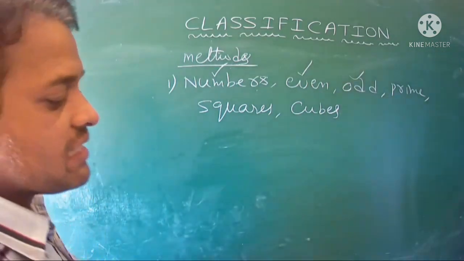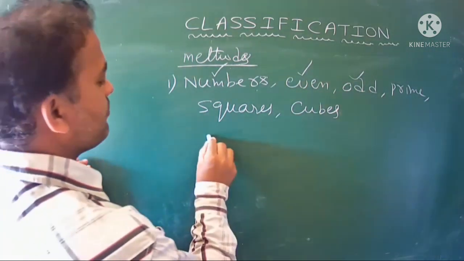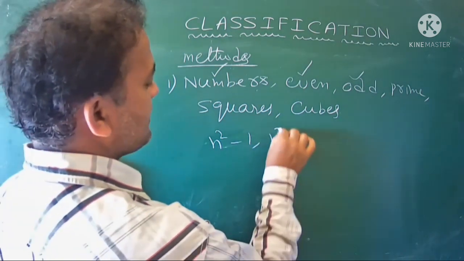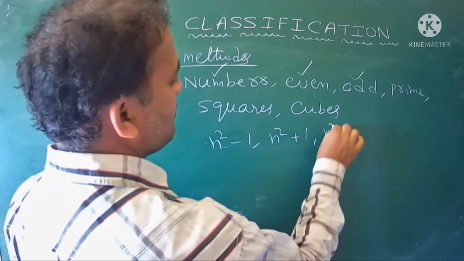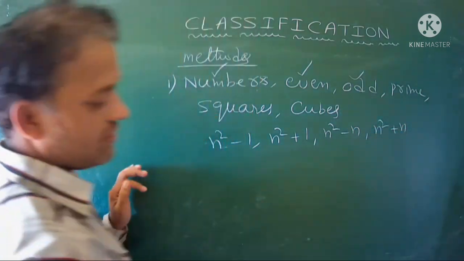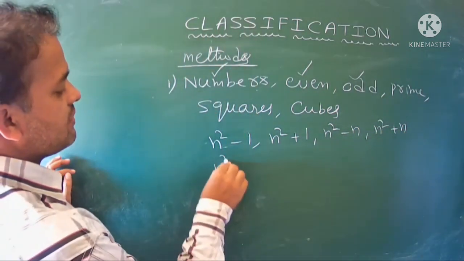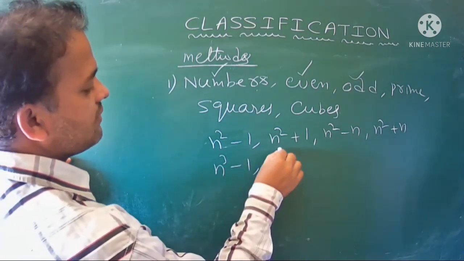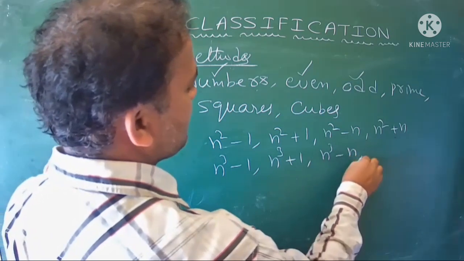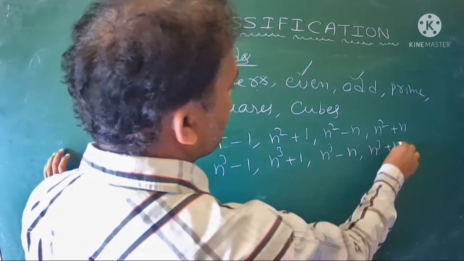In squares, what methods do they ask? Suppose it is the n square minus 1 relation, n square plus 1 relation, n square minus n relation, and n square plus n relation. Suppose it is the n cube minus 1 relation, n cube plus 1 relation, n cube minus n relation, n cube plus n relation.